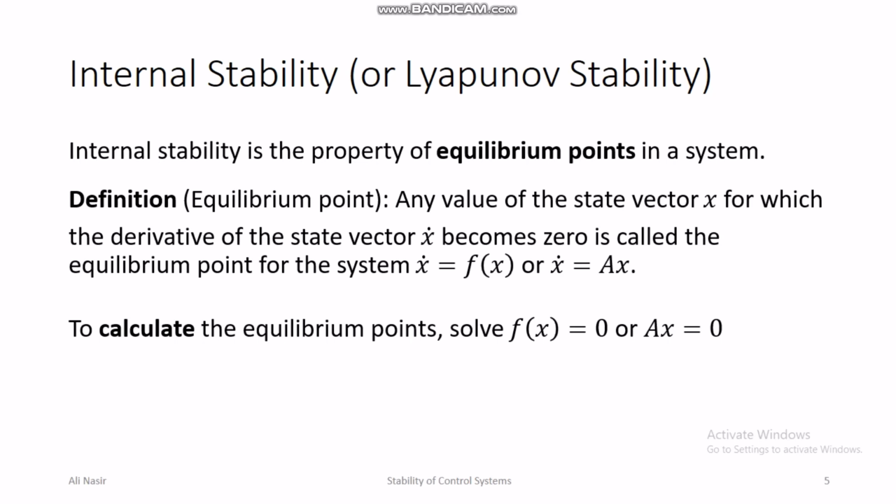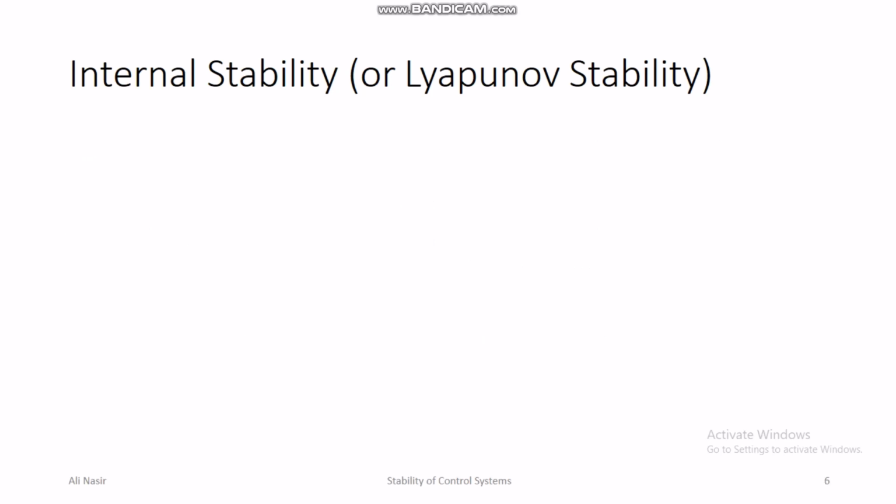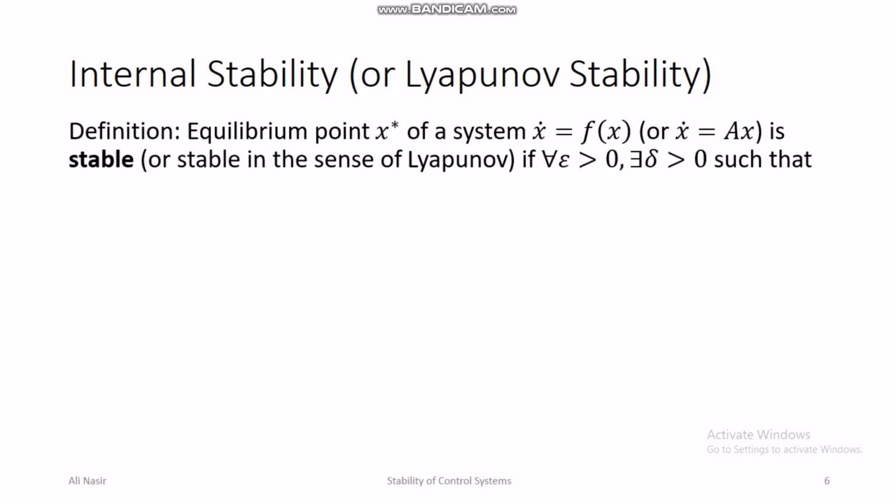To calculate the equilibrium points, you have to solve the equation f of x equals 0 or Ax equals 0, which is basically another way of saying that x dot equals 0. So how do we define the internal stability of a system? Internal stability of a system basically is defined with respect to equilibrium point.